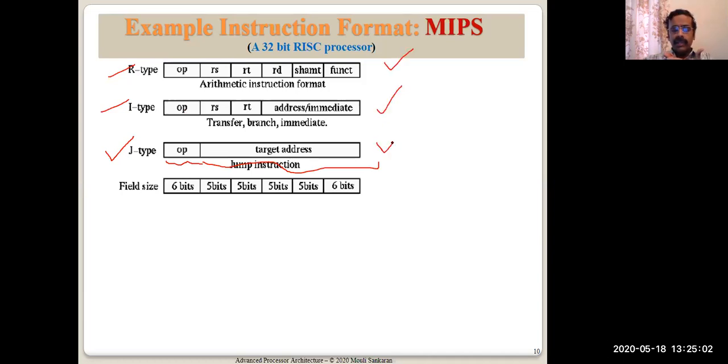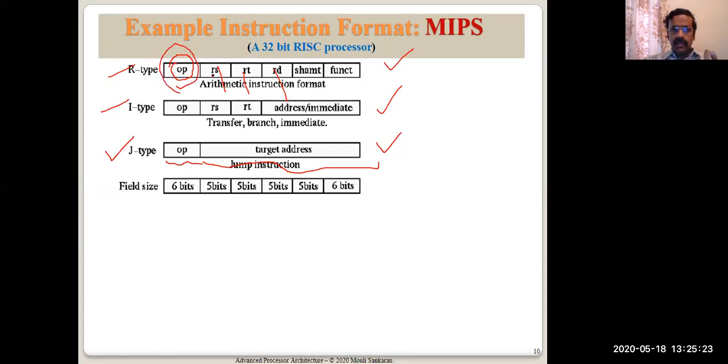The instruction decodes these values based on what is the instruction type. If you remember in networking, based on the header value, whether it is a TCP packet or UDP packet, the rest of the data will be processed. Similarly, instructions are also processed based on what is the opcode.